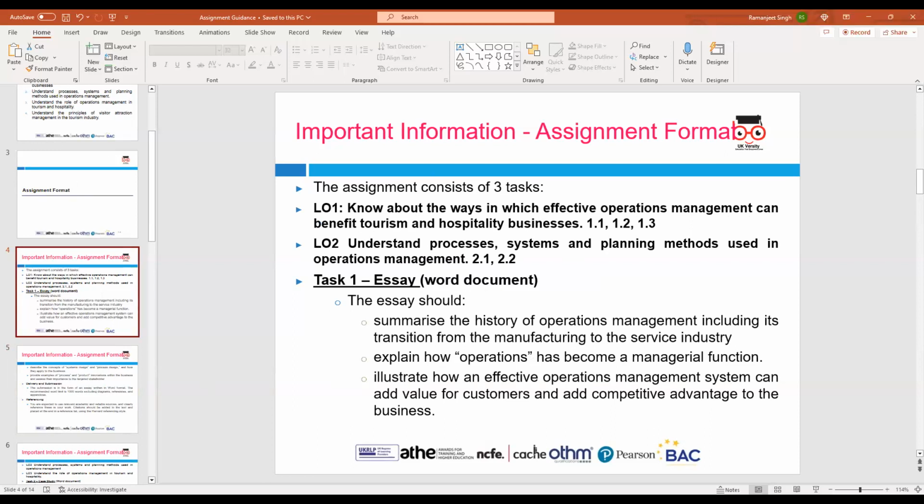Let's see what 1.1 is. Let me check. Assessment.